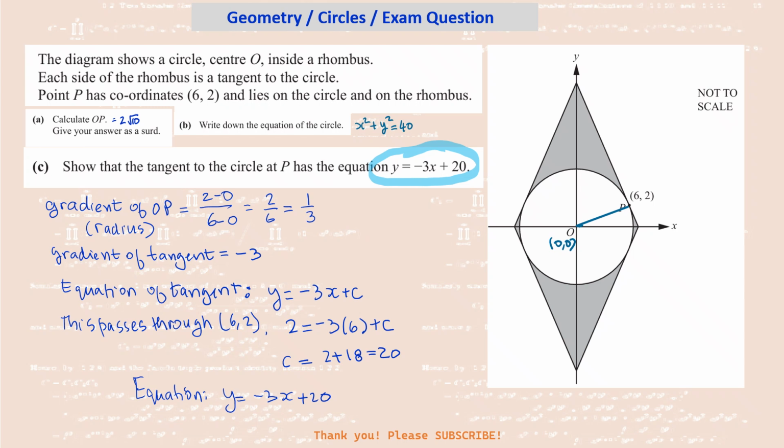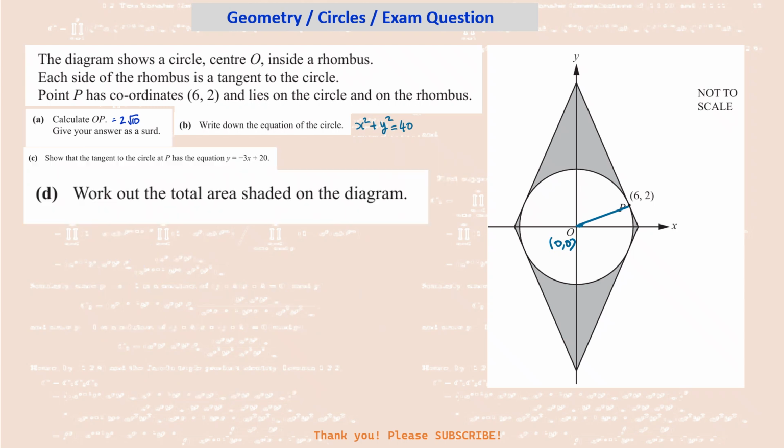For the next bit, we need to work out the total shaded area on the diagram. So it's the shaded part. To work out the shaded area, I need to first work out the area of the rhombus and take away from that the area of the circle.